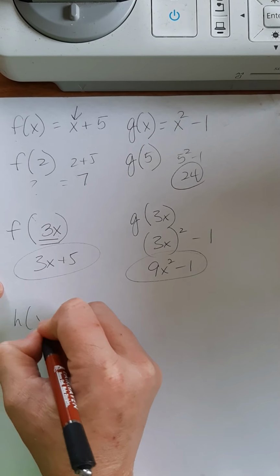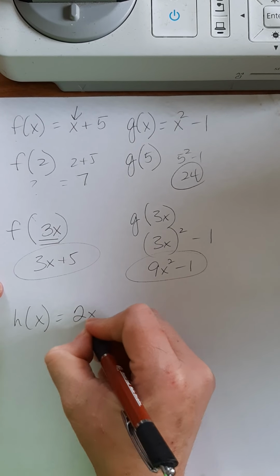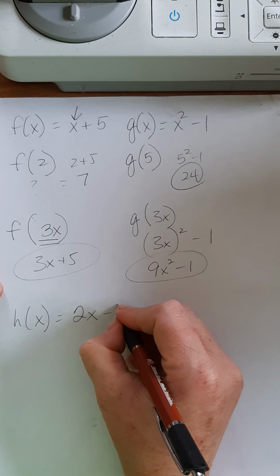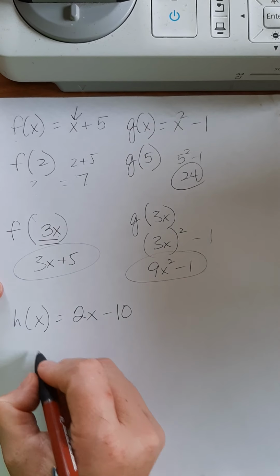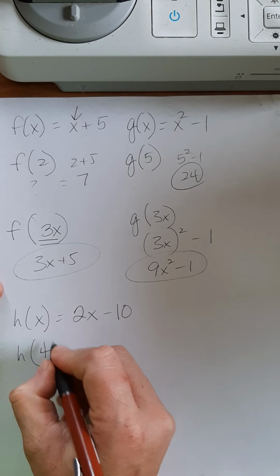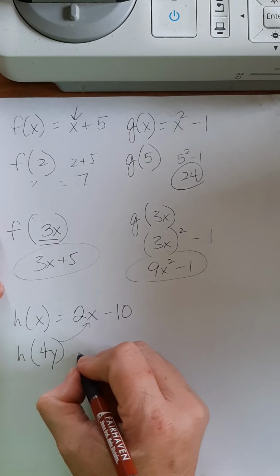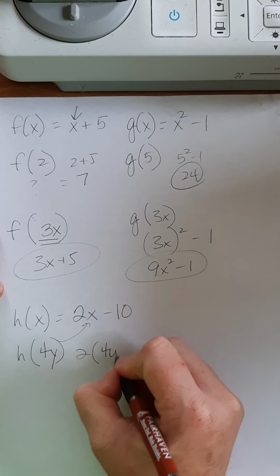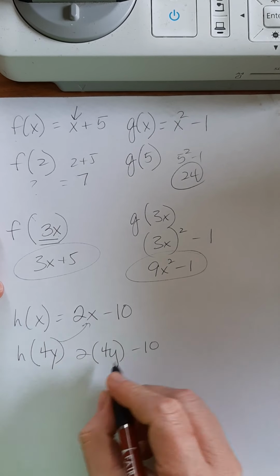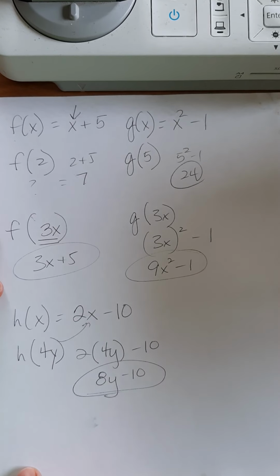Let's even say h of x is 2x minus 10, and I wanted to find h of 4y. You're literally going to replace the 4y in there, so 2 times 4y minus 10, so 8y minus 10.